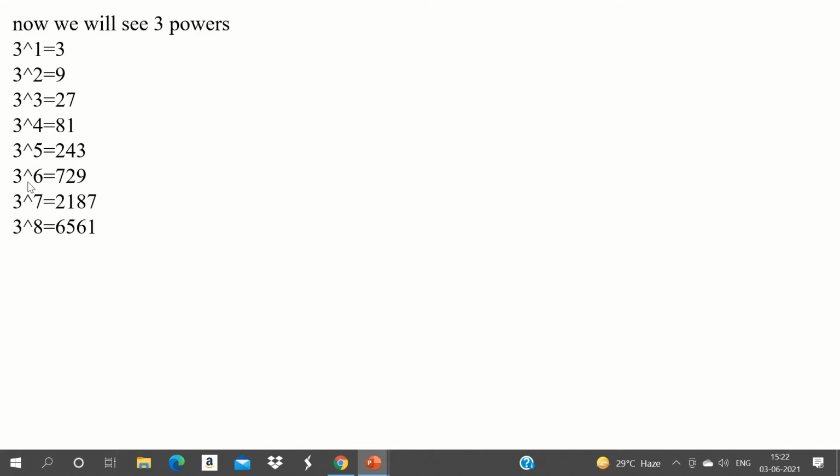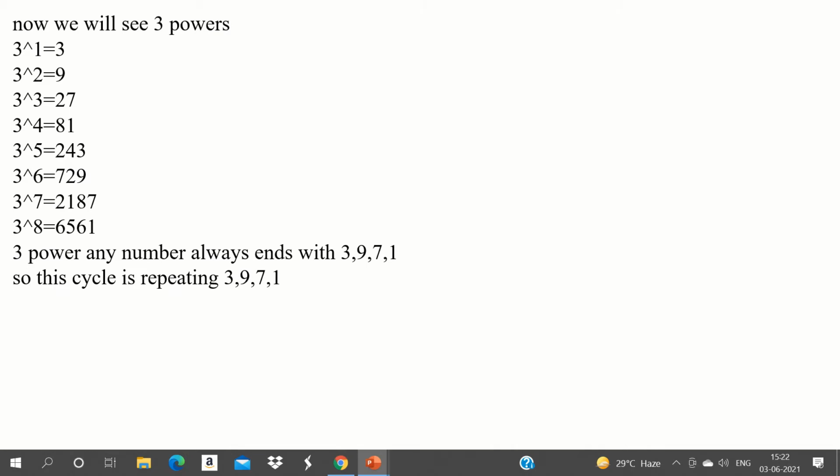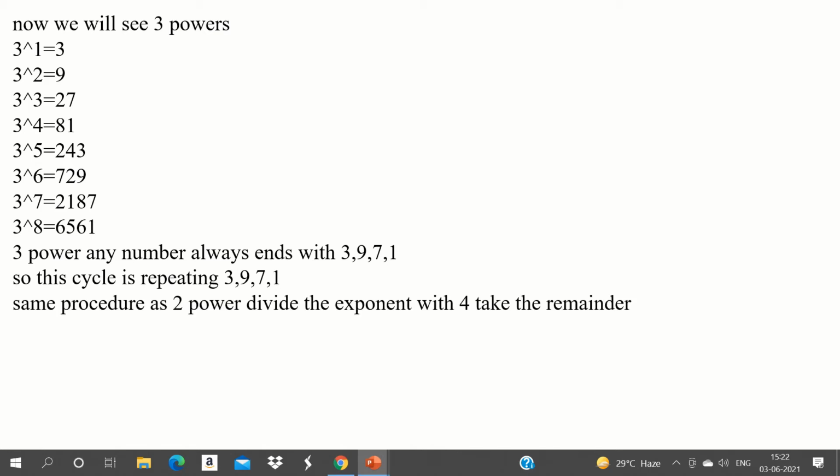If you see the powers of 3, you can observe some patterns: 3, 9, 7, 1. It is also repeating like 3971. 3971 is the repeating cycle. Like the powers of 2, here also it repeats every 4 powers, so we have to divide the exponent by 4.